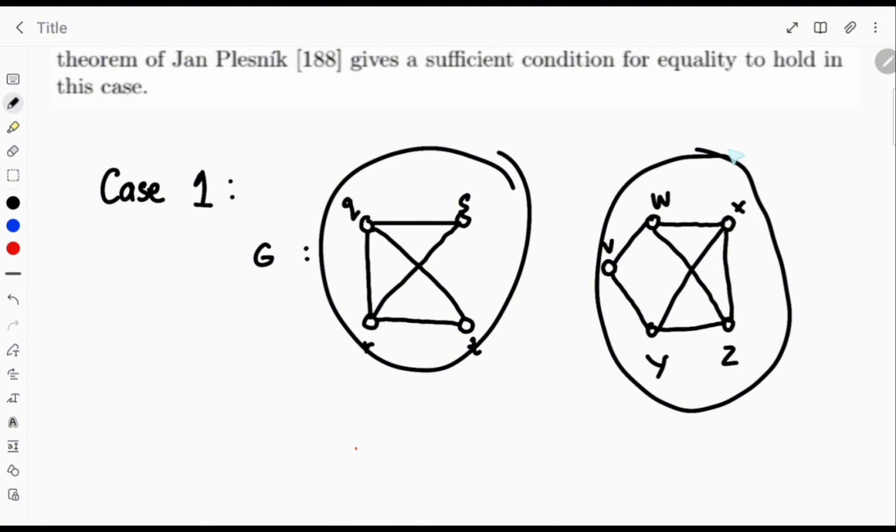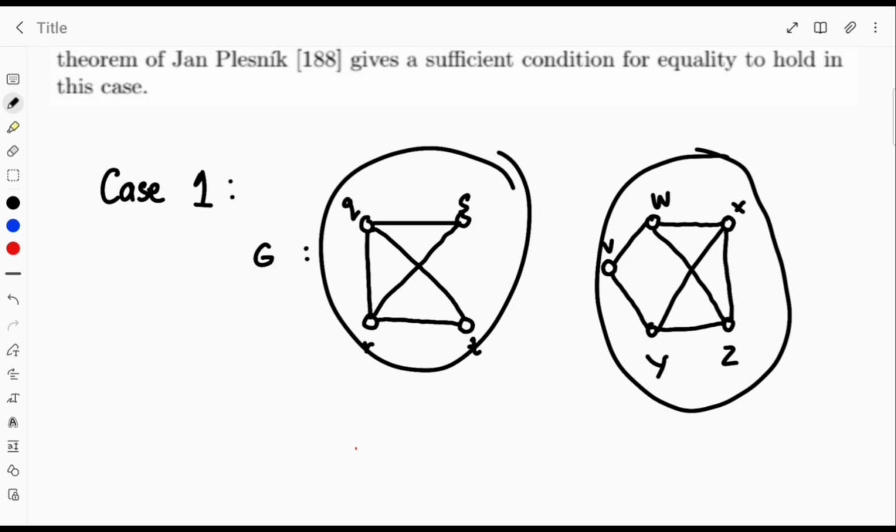Because G is cubic, each vertex including u has exactly 3 edges. Therefore a component of G minus u must contain at least one neighbor of u, so that is V. In this case, any edge connecting u to a component of G minus u acts as a bridge, an edge whose removal would disconnect the graph. So that's the bridge.